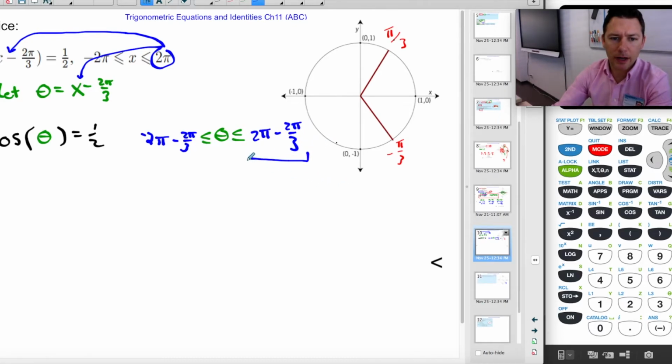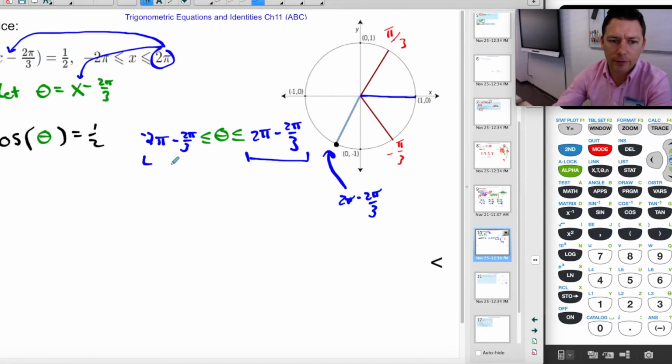If you think about 2 pi minus 2 pi thirds, this is 2 pi, here's 1 pi thirds. If you subtract another one, you're at 2 pi thirds, you're here. So this site is 2 pi minus 2 pi thirds.